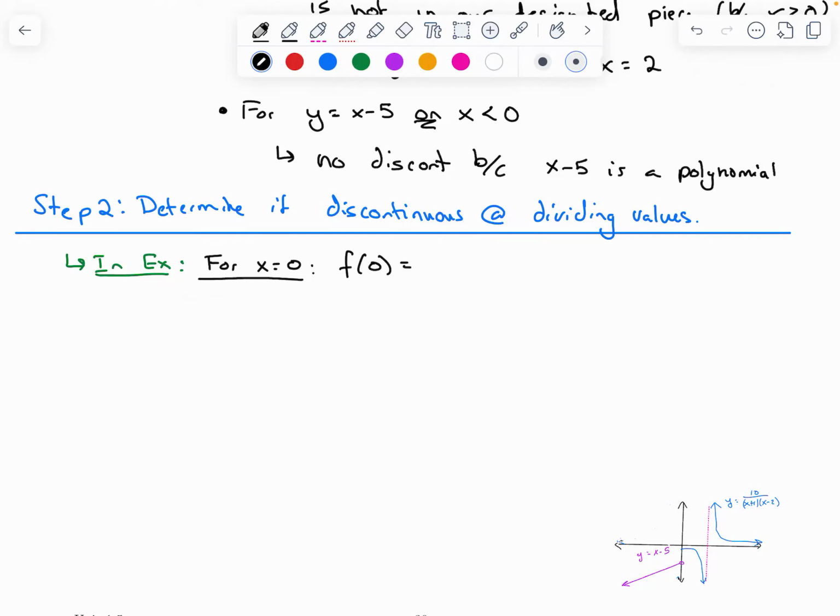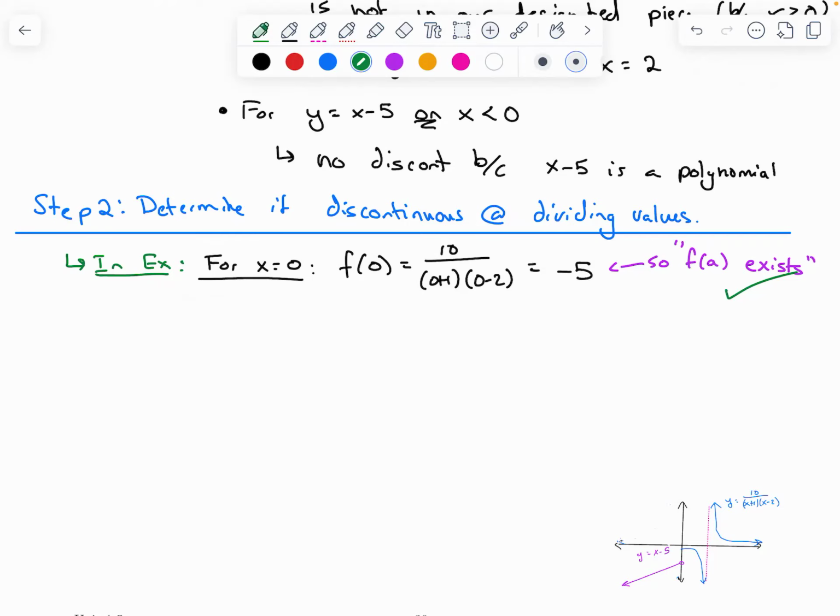If I'm trying to find f of 0, would I plug it into the top or the bottom? The top, because the top one is for x greater than or equal to 0. So f of 0 would be 10 divided by (0 plus 1)(0 minus 2). That's going to be -5. So f of 0 exists. Cool, that is checked off our list.